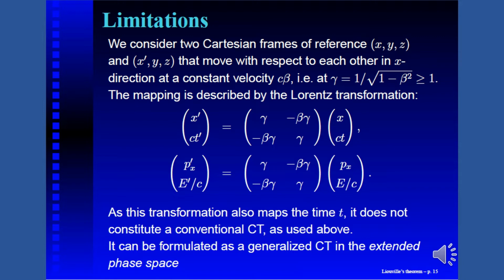The mapping is given by the Lorentz transformation: (x', ct') = matrix [gamma, -beta gamma; -beta gamma, gamma] times (x, ct), and (px', E'/c) = matrix [gamma, -beta gamma; -beta gamma, gamma] times (px, E/c). As this transformation also maps the time, it does not constitute a conventional canonical transformation as used above.